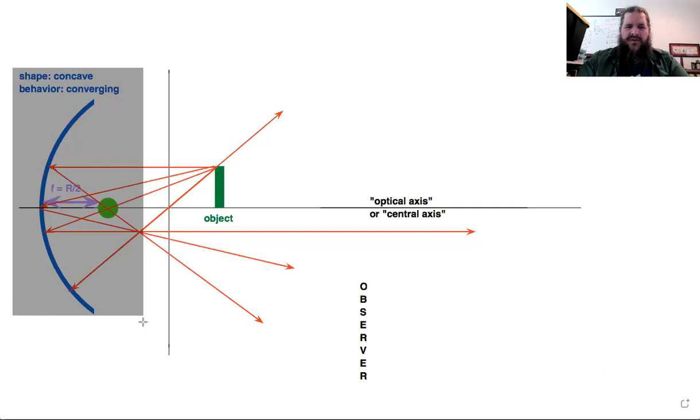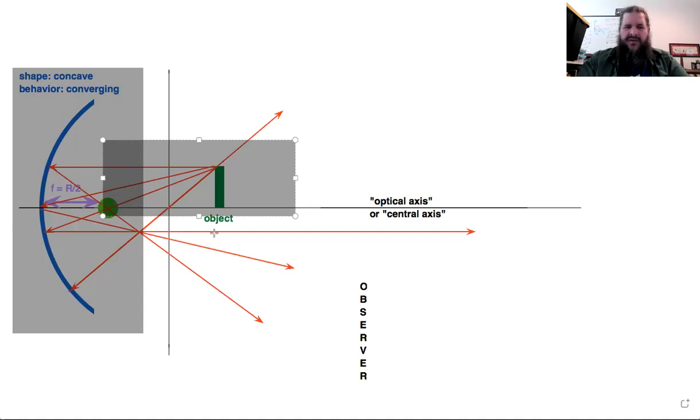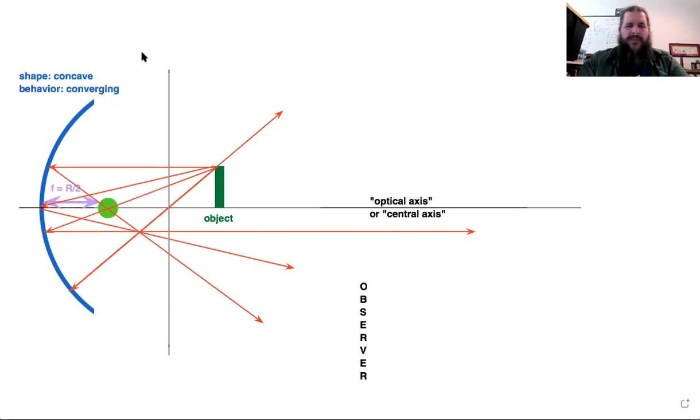If we just ignore everything else for the moment, if all you see is these rays, your brain thinks, oh, those rays must have come from this location. That location where all the reflected rays seem to cross, or where they all seem to come from.